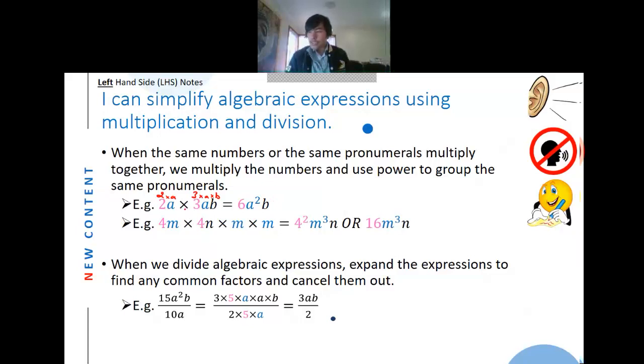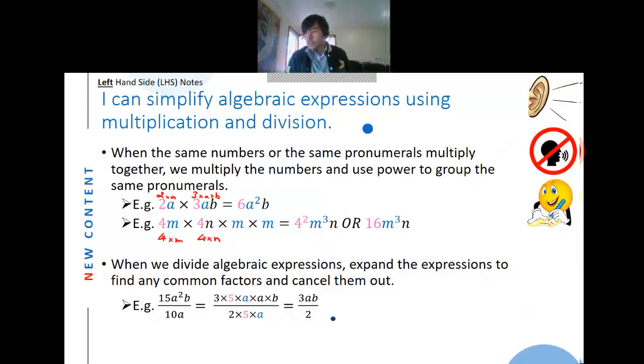Moving on to the next example. Here we've got 4m times 4n times m, and then times m again. 4m is 4 times m, and 4n is 4 times n.